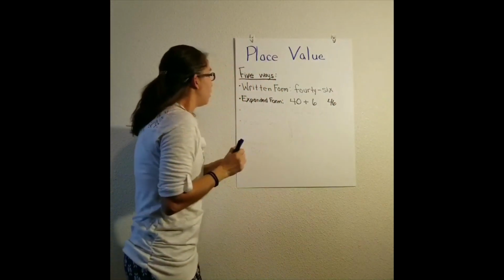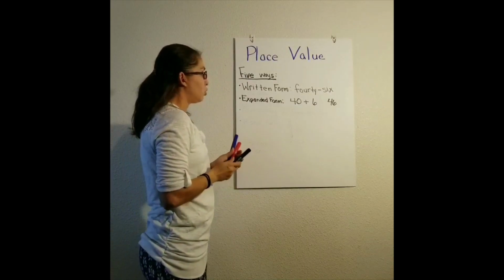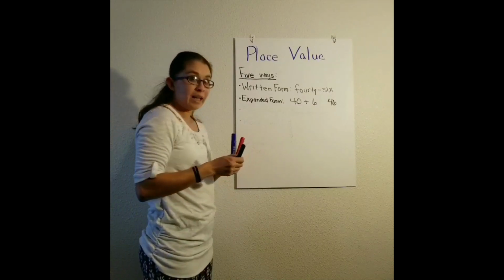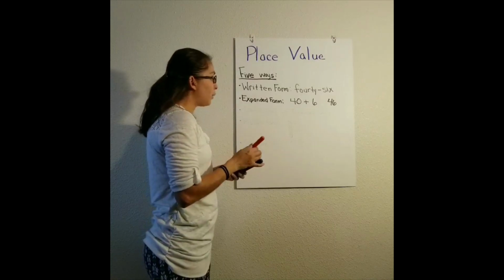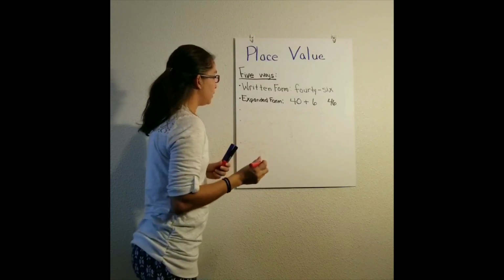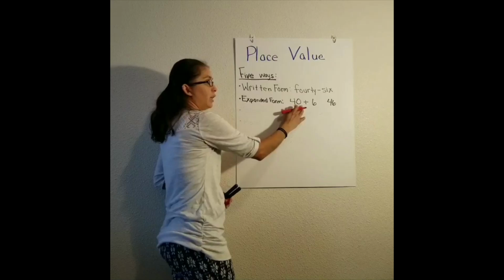That is an expanded form where 40 plus 6 will still give you 46. The third way that you would be able to write out a place value is separating it by tens and ones, just like we did earlier.